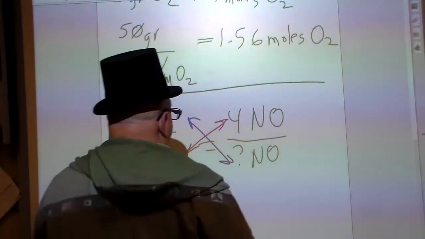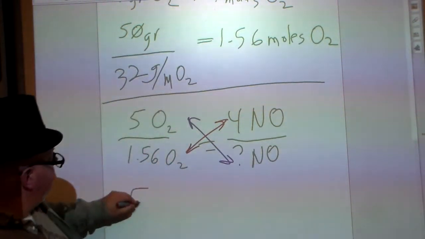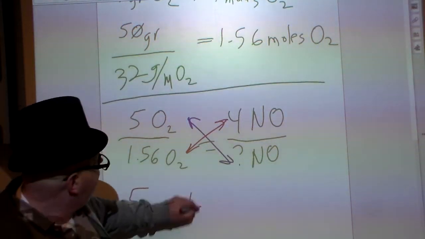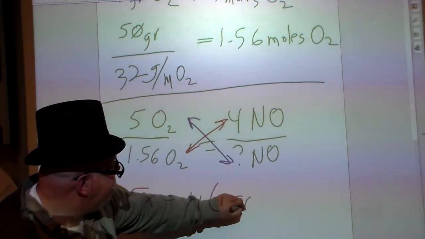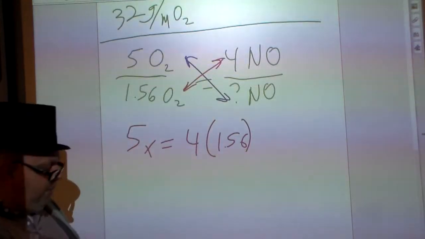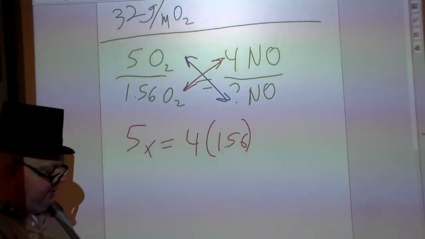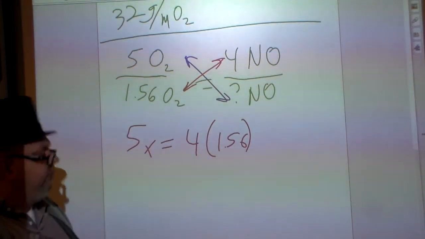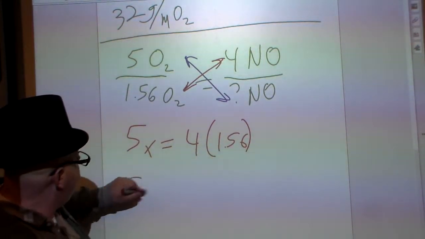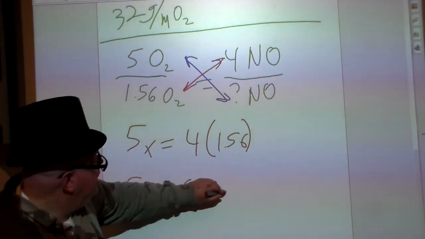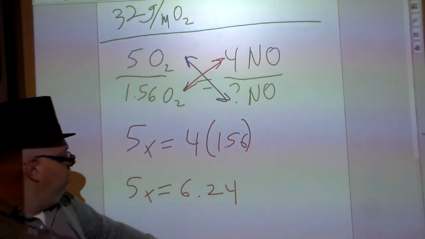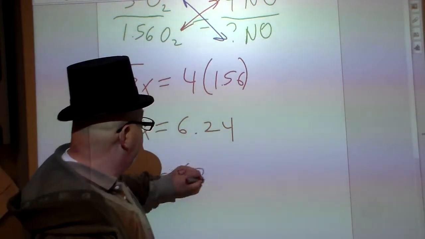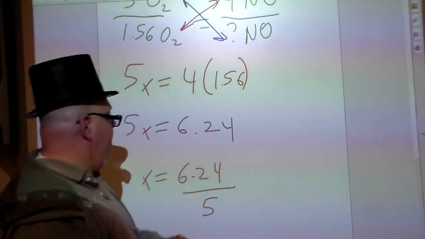So when we do that, we get 5x is equal to 4 times 1.56. That's what we have. So 4 times 1.56 equals 6.24. So 5x is equal to 6.24. Now, let's go through, divide both sides by 5. X is equal to 6.24 divided by 5.